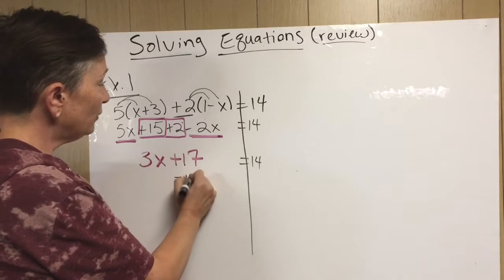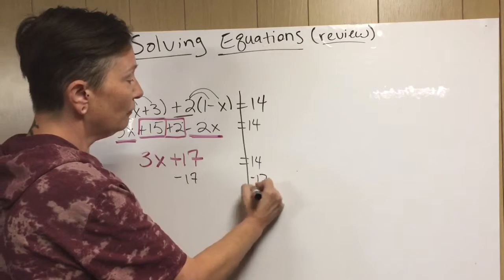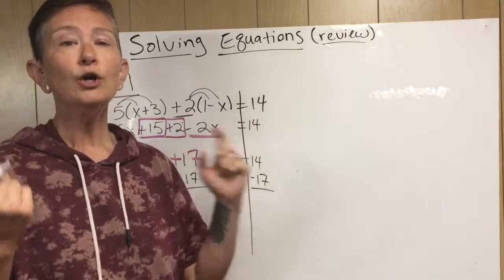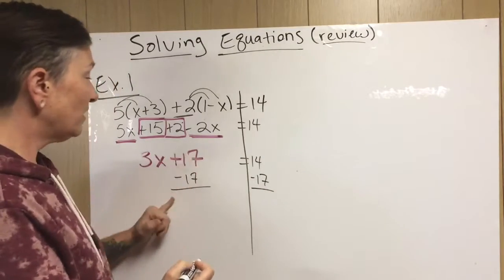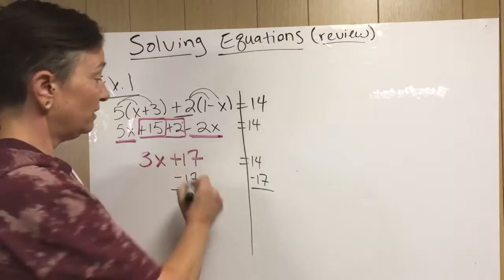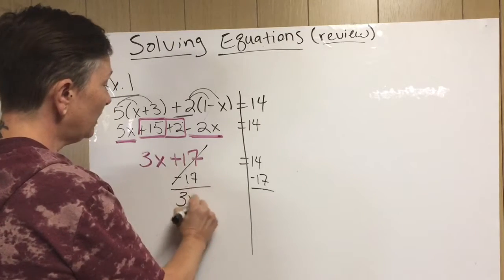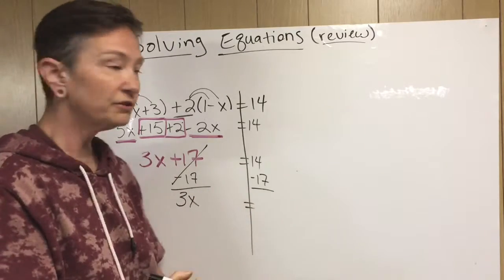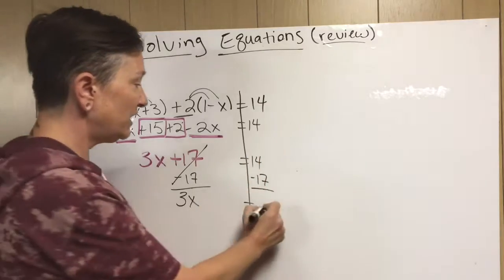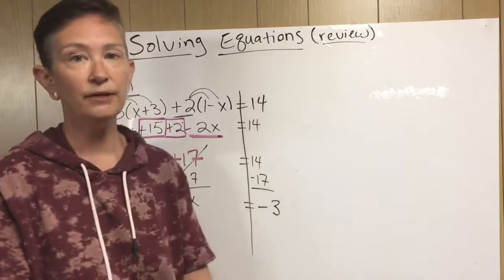So the first thing I want to do is subtract 17 from both sides. Doing that, it eliminates this 17 because 17 minus 17 is 0, so we can cross that out. I can drop down my 3x, my equals, and then 14 minus 17. That does give me a negative 3.